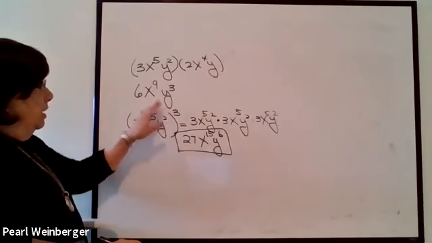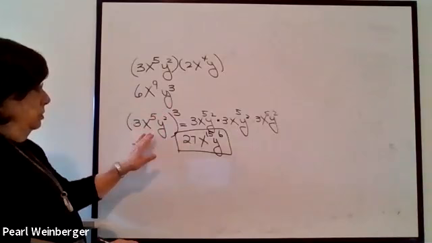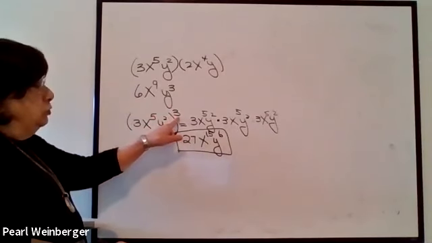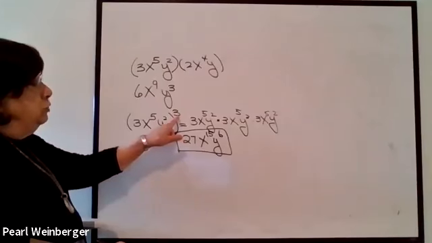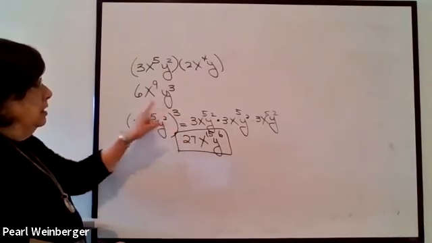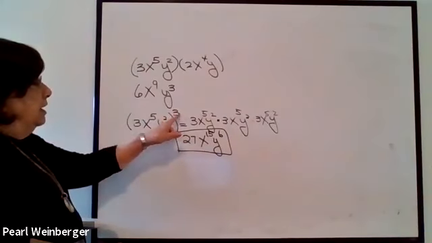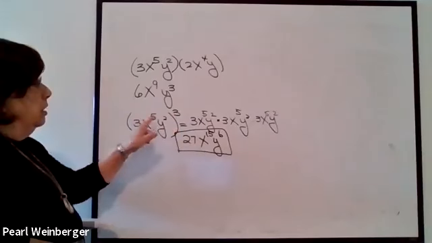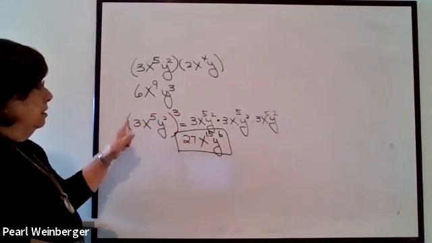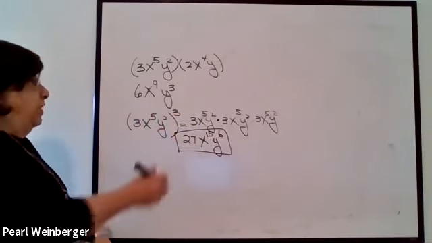When you have an algebraic expression, a monomial, raised to an exponent, what you have to do is distribute that exponent to each one of the multipliers, to each one of the factors.